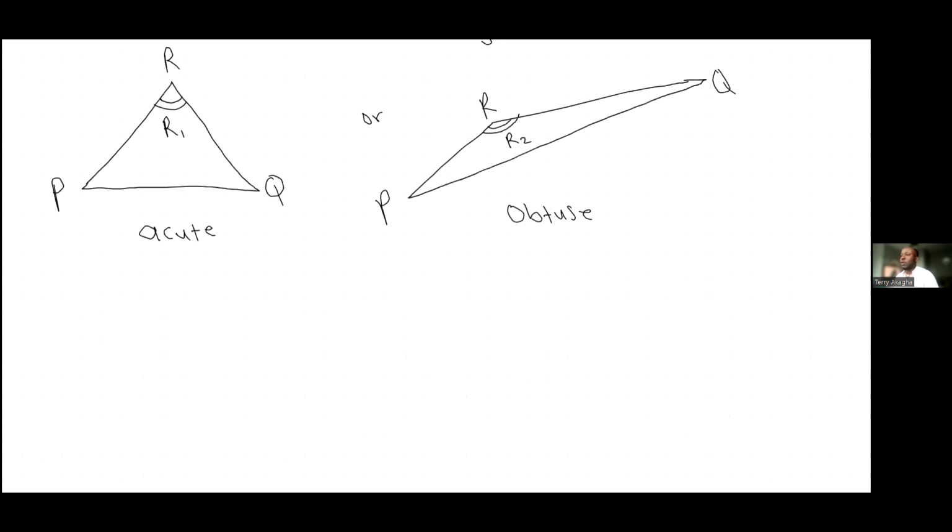Now, what also we can do, I can combine both acute and obtuse together. So I can draw it like this, combined. So you have something like this. Okay, so this is R1 or R2, the same P, Q, and R. So this could be R2.